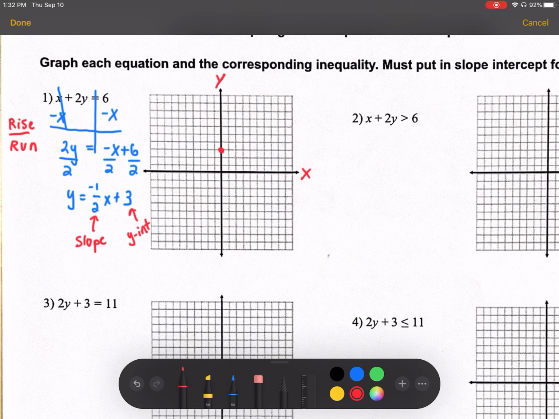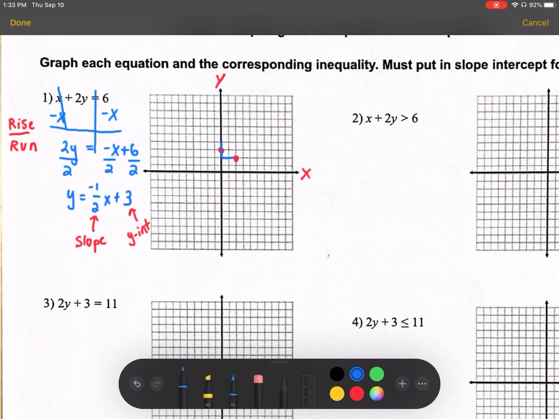So slope is rise over run. From this point, since it's negative 1/2, we're going to go down 1, right 2, and we'll put a dot there. Or we could also say up 1, left 2.